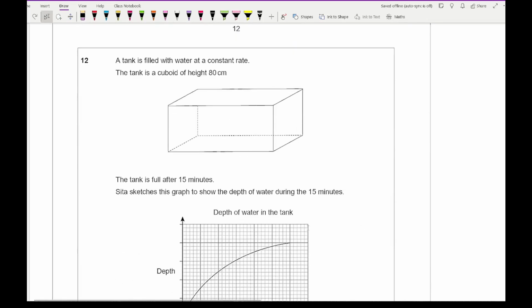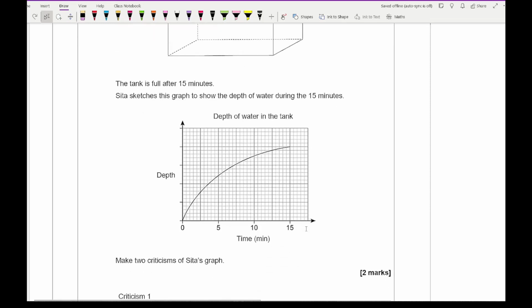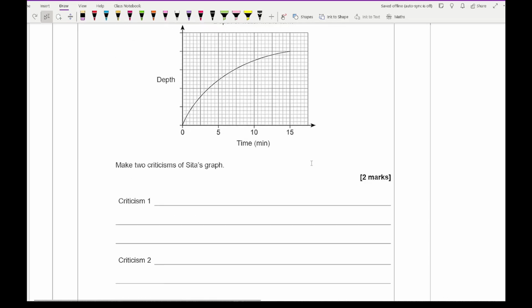Moving on to question 12, it says that a tank is filled with water at a constant rate. The tank is a cuboid with a height of 80 centimetres. The tank is full after 15 minutes, and it says Ceta sketches this graph to show the depth of the water during the 15 minutes. Make 2 criticisms of Ceta's graph.